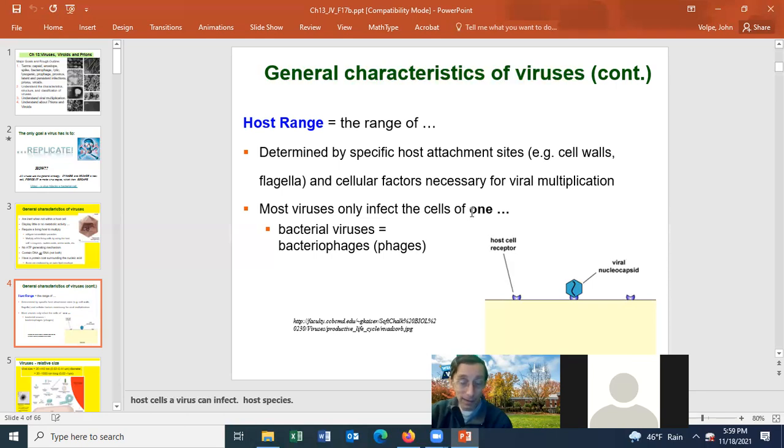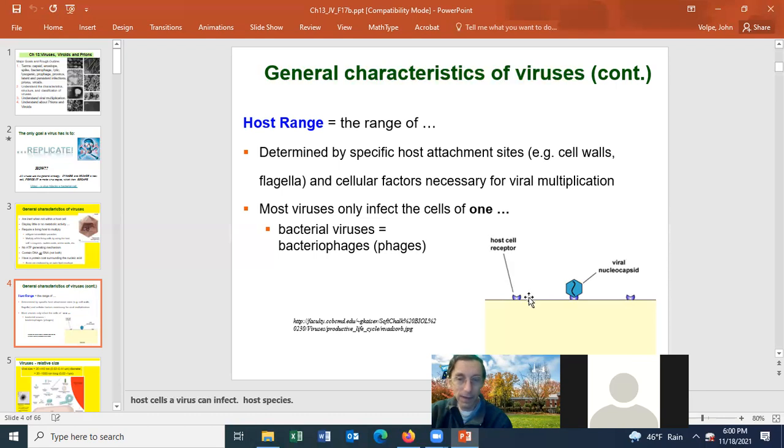Most viruses, like I said, infect only one or a few species, but there are some which infect many. Some of the encephalitis viruses, like Western and Hawaiian encephalitis, and some of the flu viruses can infect humans, horses, pigs.